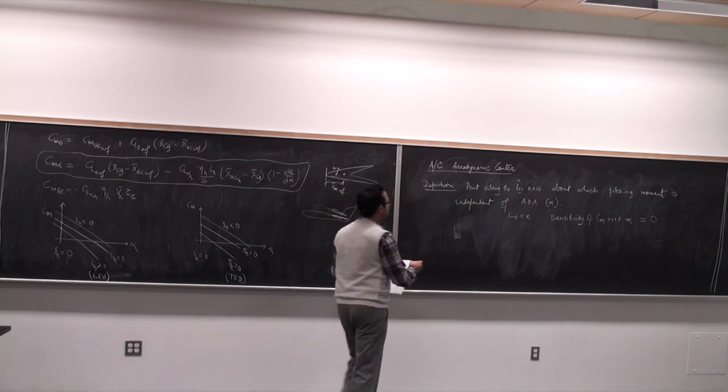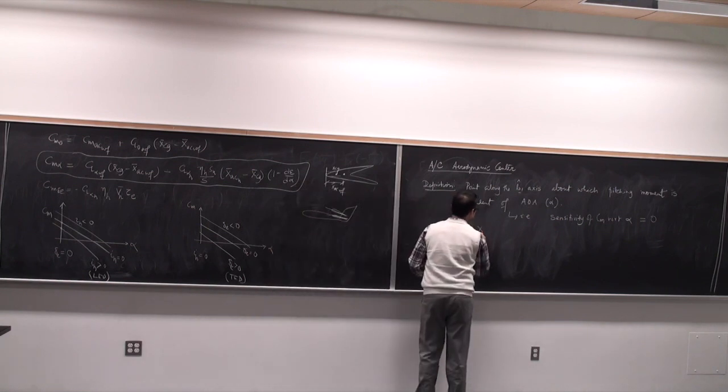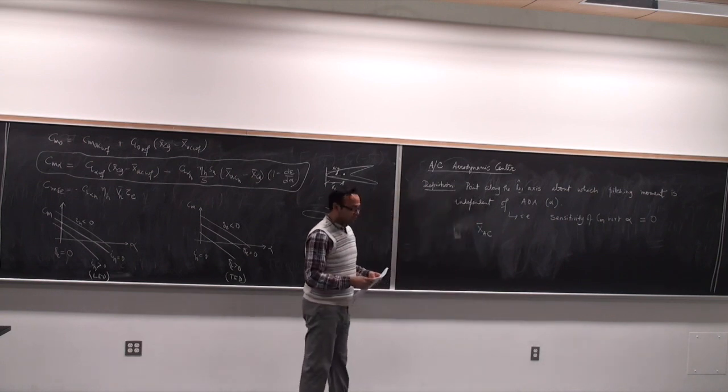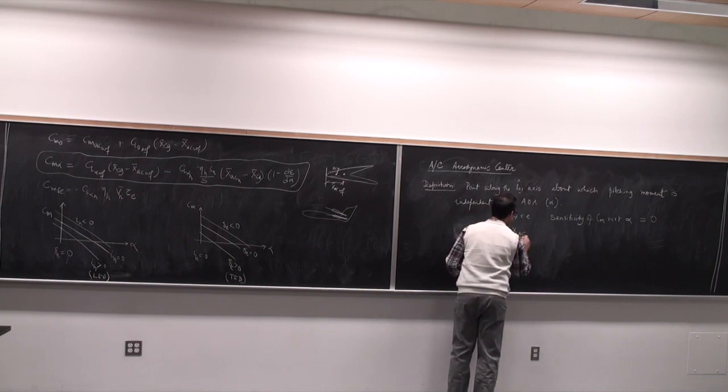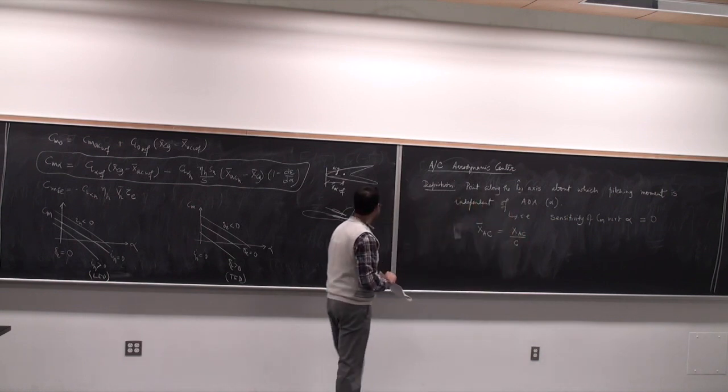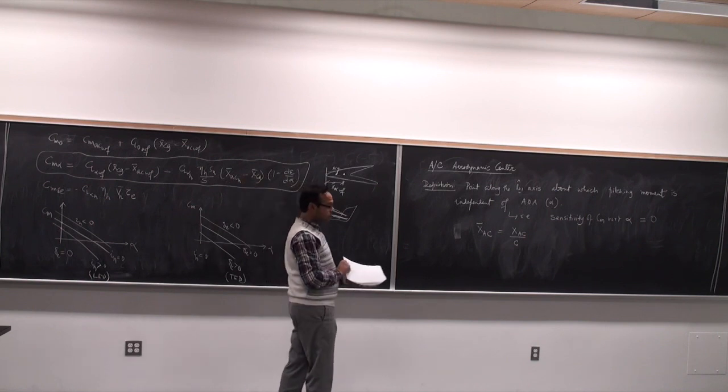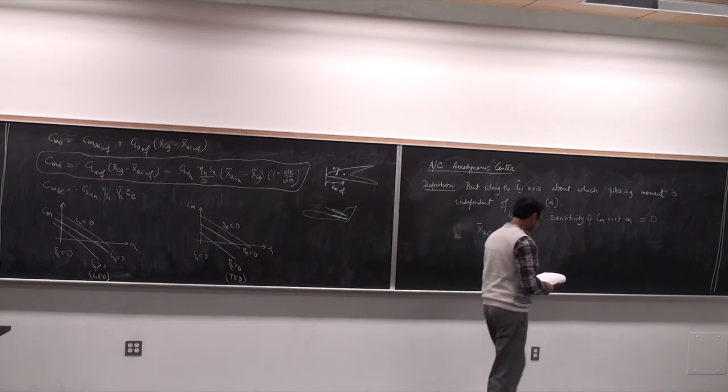Okay. So we can talk about the aerodynamic center of the aircraft, non-dimensionalized as, let's say, x over c, just like we had non-dimensionalized these with respect to the mean chord of the wing fuselage combination.